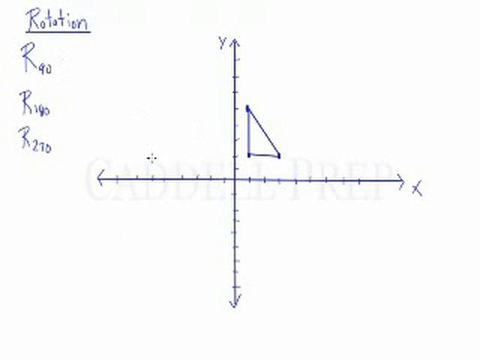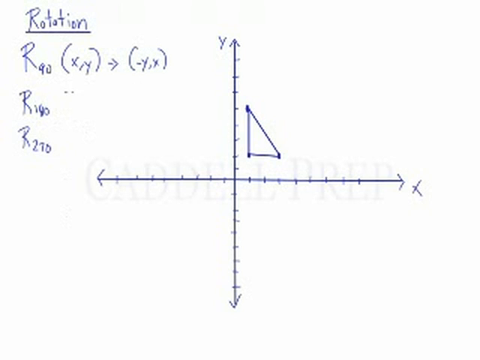Okay, now that we have an idea of what quadrant we're going to end up in, let's take a look at the specific rules that tell us exactly where each coordinate will go. So rotating 90 degrees would be the same as taking the original x, y and changing it to negative y, x.